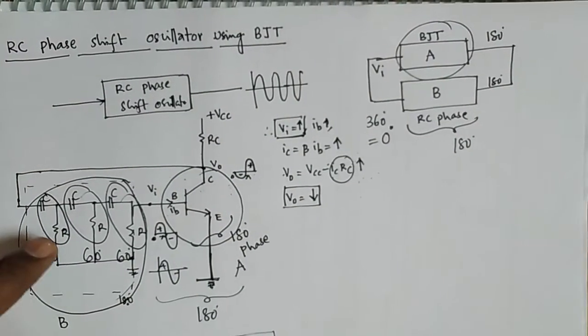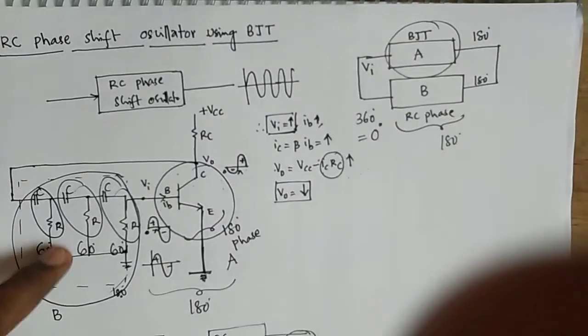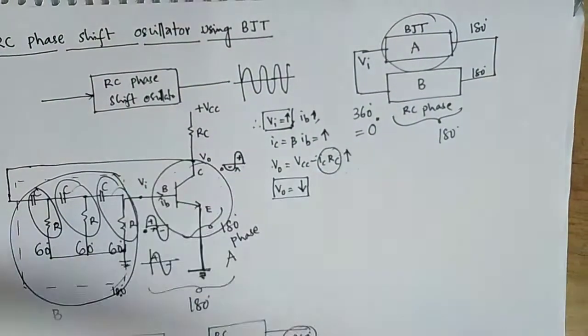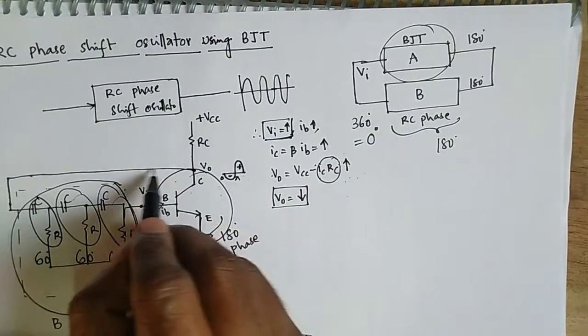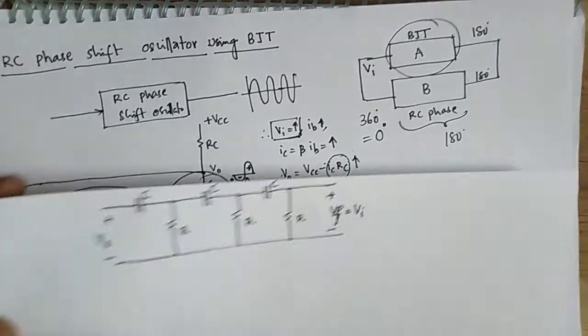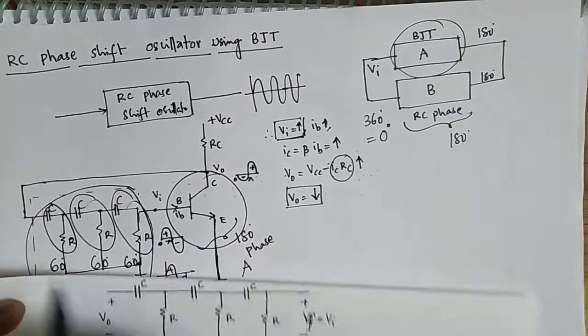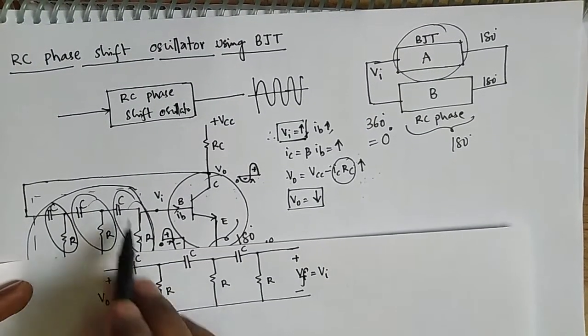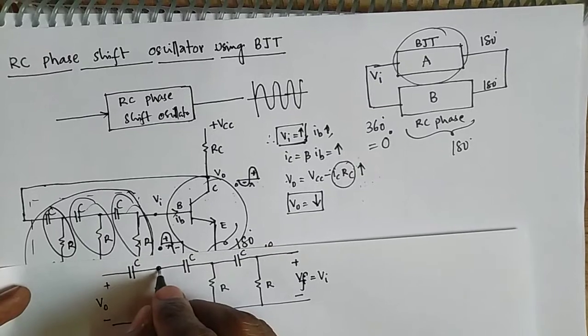Now we have to derive the expression for the frequency of oscillation for this feedback, that this function can be represented as this. So in this function V0 is connected to this value. So that value is V0. Next capacitor, resistor, capacitor, resistor, capacitor, resistor. We have 2 nodes.